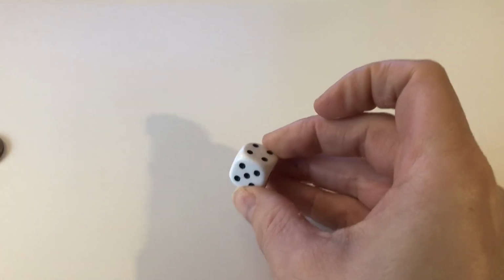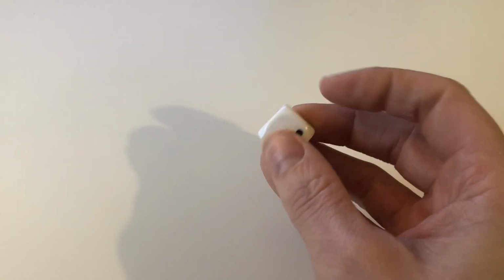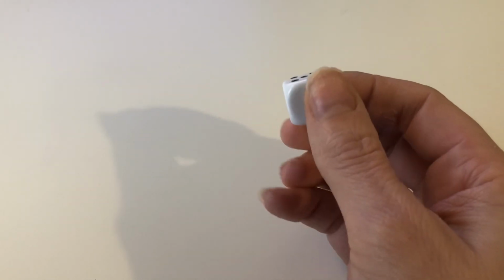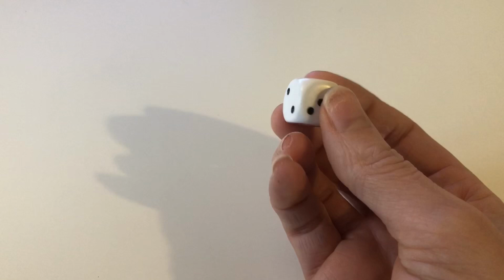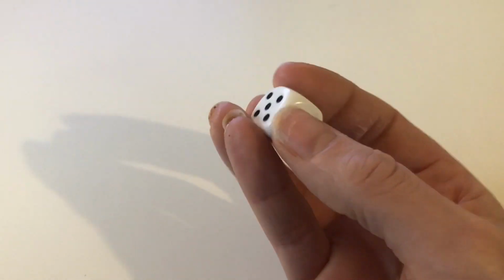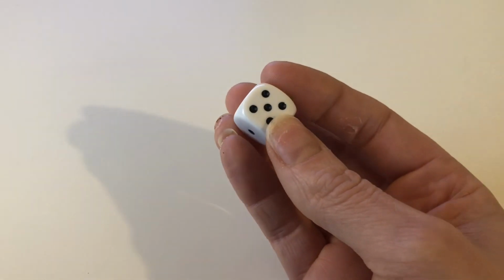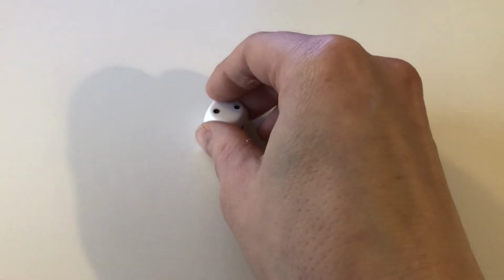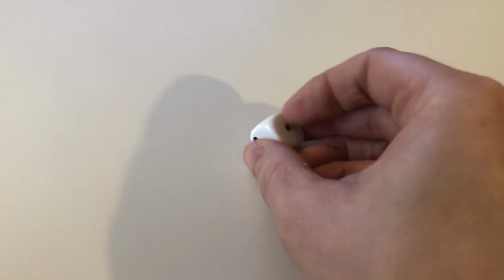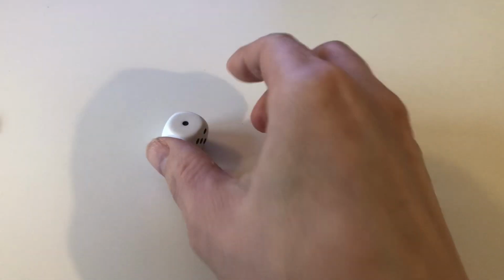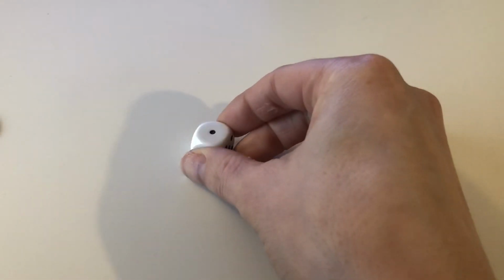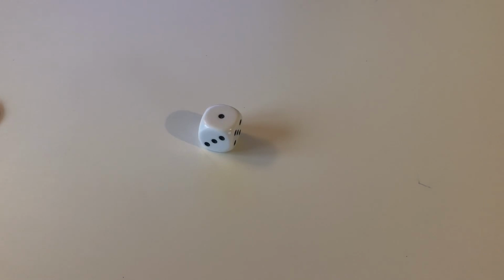Now, of course, there are unfair dice, and they're called loaded dice. A loaded dice has some kind of weight inside, which means that when we roll it, the weight would be more likely to land against the table, and then the opposite number would be showing up on the top.